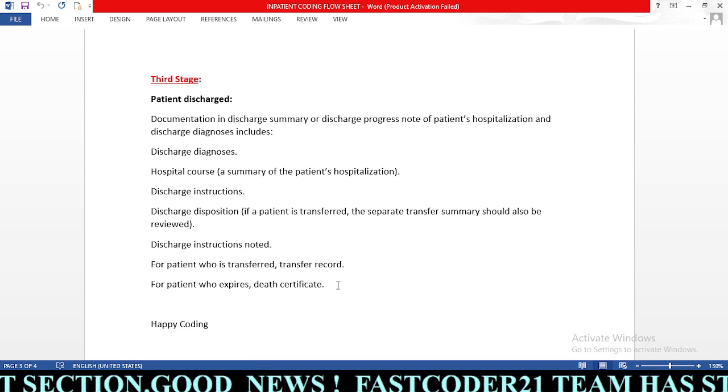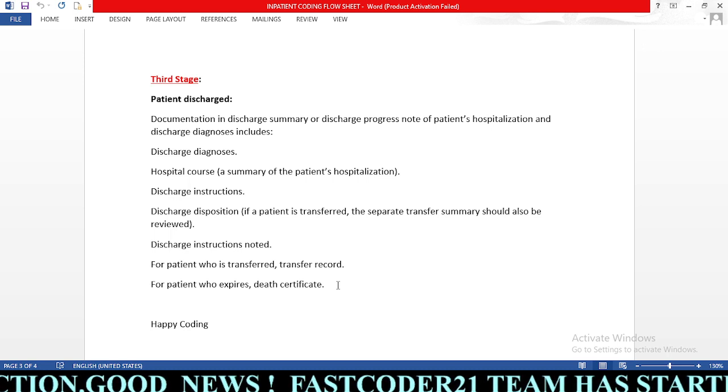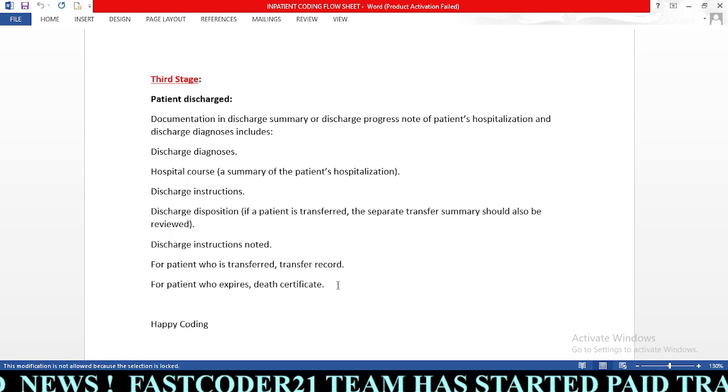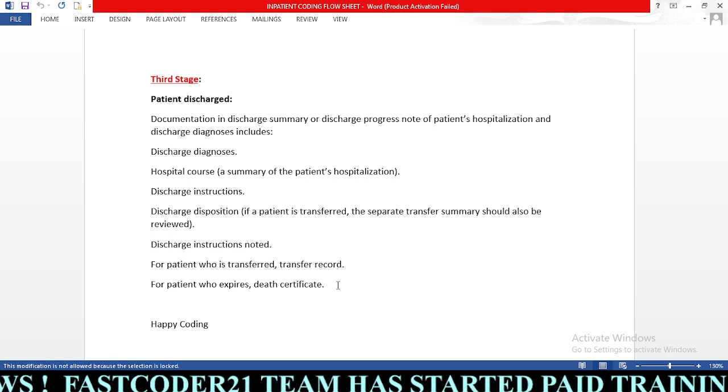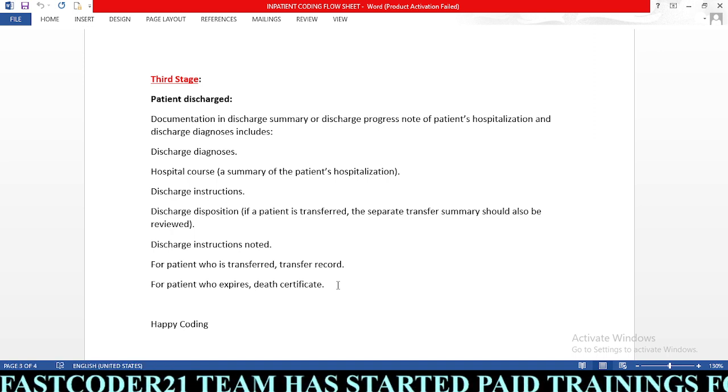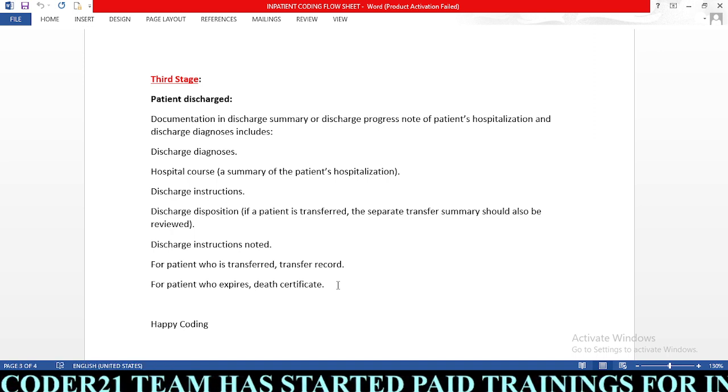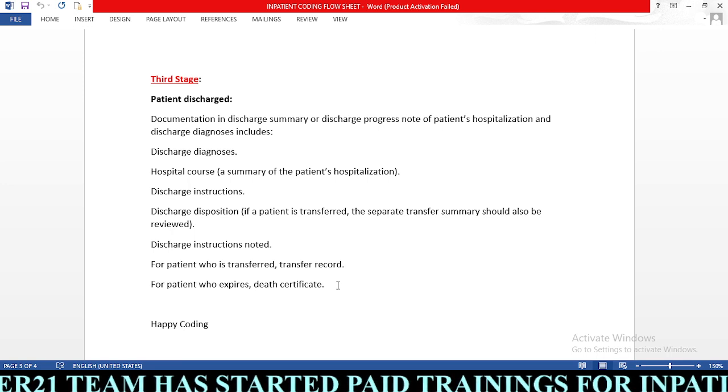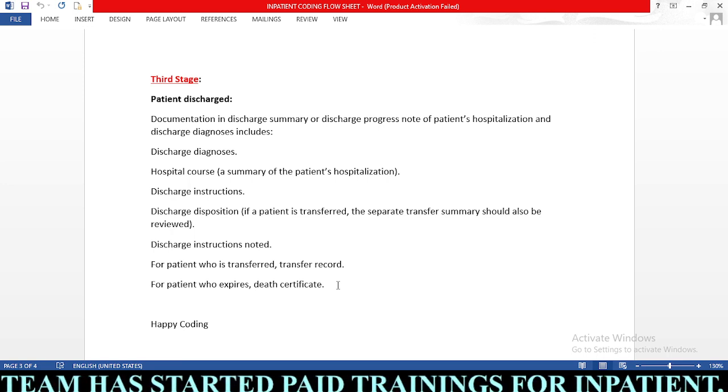It also contains discharge instructions. The physician will provide discharge instructions to the patient in order to follow up with the physician, and also here we will find the discharge disposition.